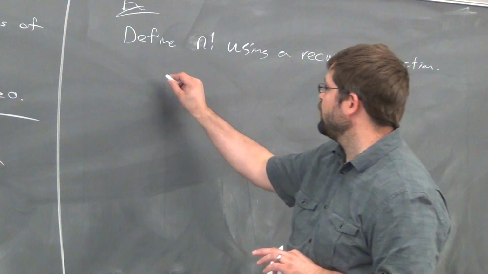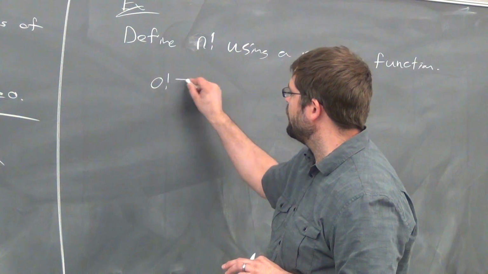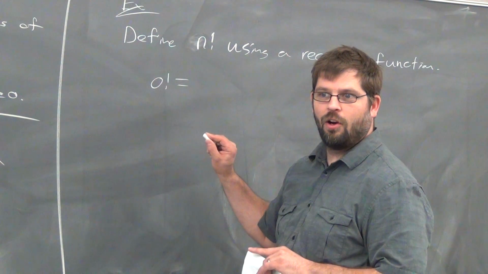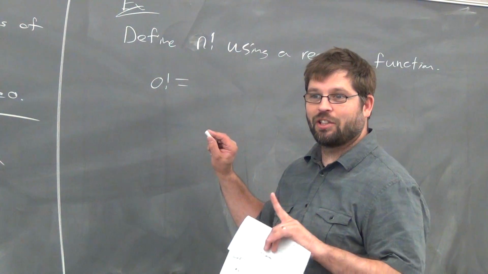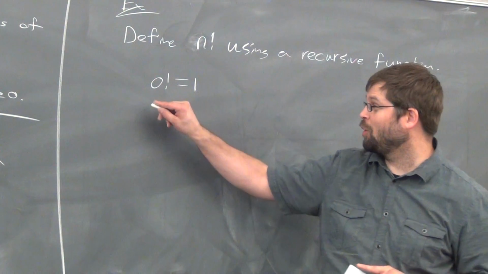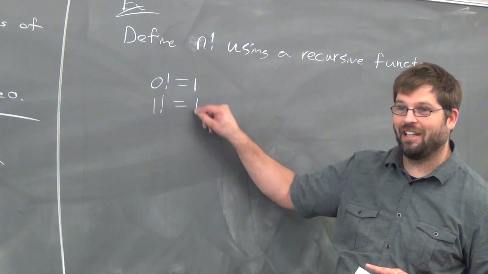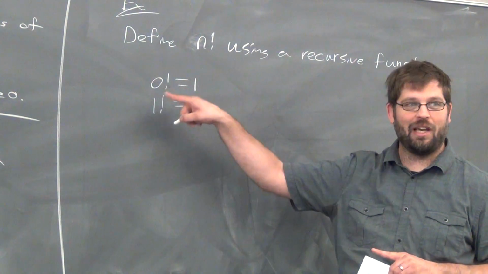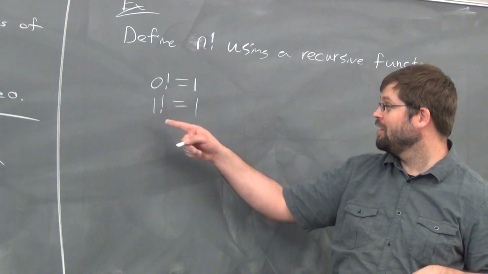So again, let's just think about this for a second. What's 0 factorial? 0. No. What's the definition? 0 factorial is actually defined to be 1. So it's not natural. That's a perfectly reasonable thing to guess. That's the definition of it. It just makes life easier. We'll see why later on.